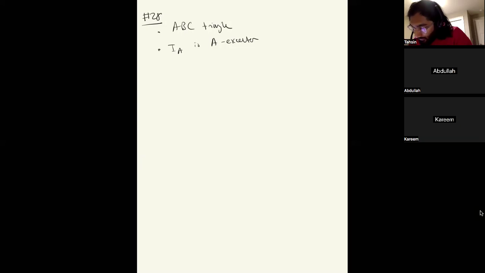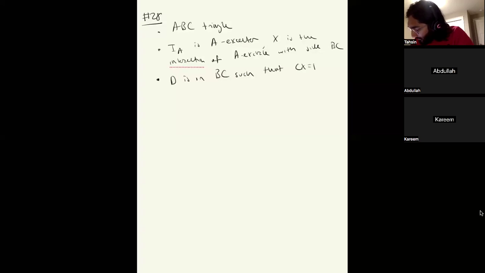Okay, so IA is the excenter, and then X is the intersection of the AX circle with side BC. And then what? And then D is on BC such that CX equals DB.